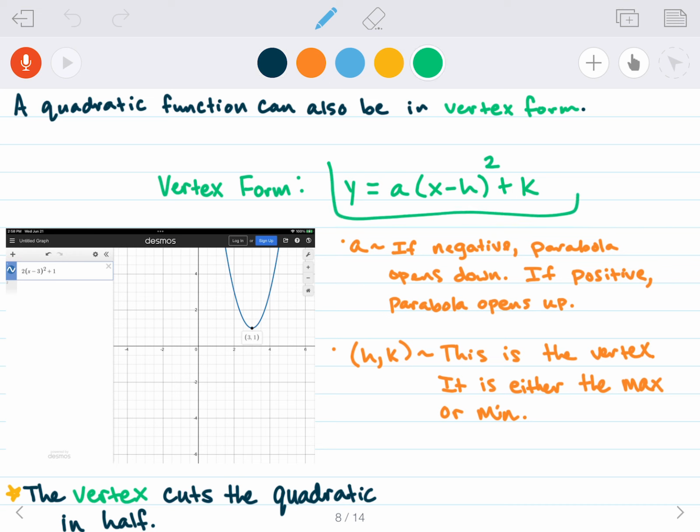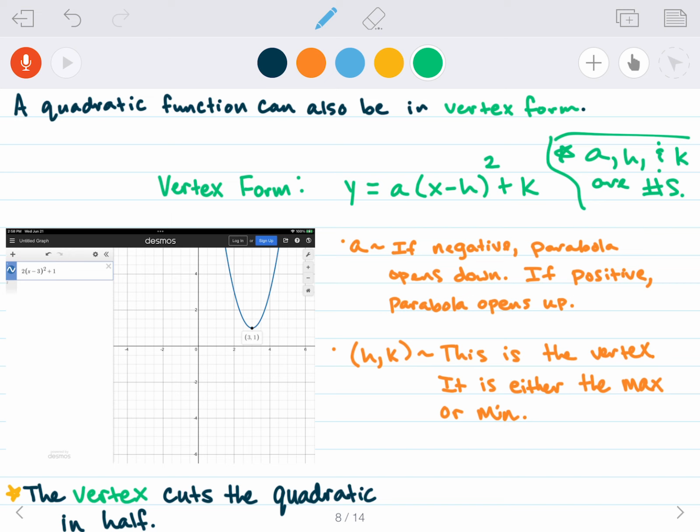Now vertex form looks like this, okay? And I should mention here that A, H, and K are numbers in this formula that we have here.